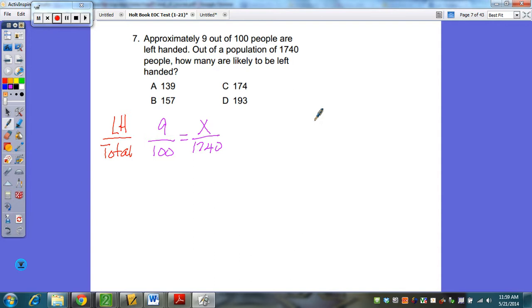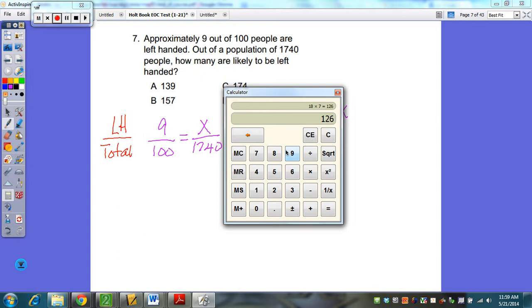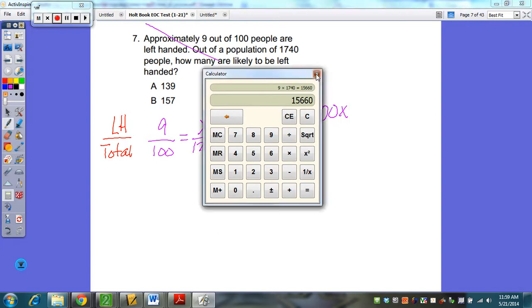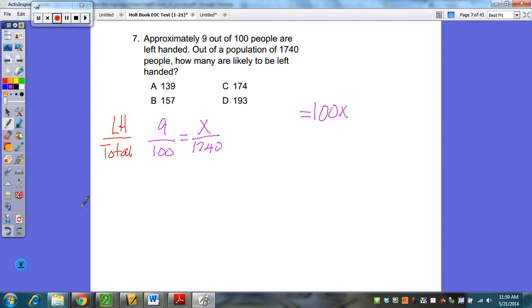So we're going to cross multiply here. And we have 100x equals, let's see here, we have 9 times 1,740. And that's going to give me 15,660. So I'm going to go ahead and divide both sides by 100.